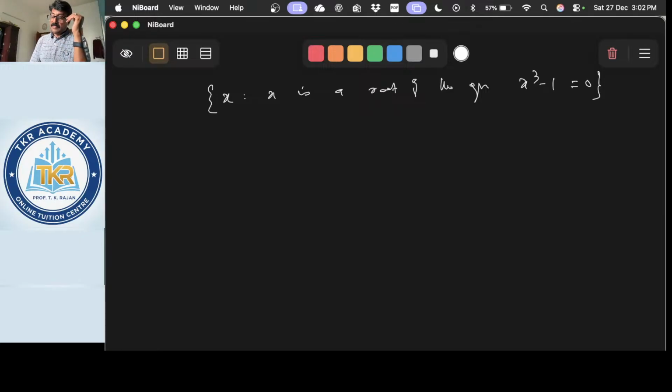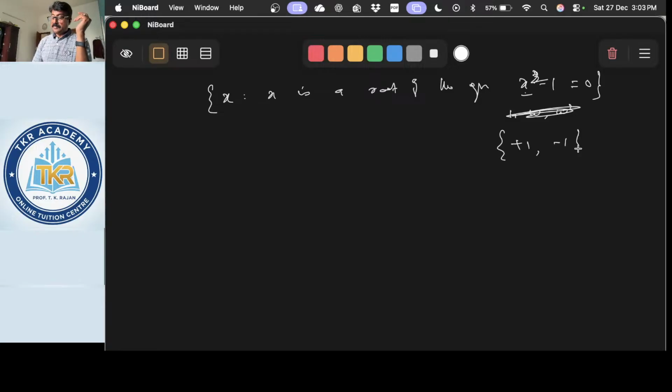Because x cube minus 1 is a third degree equation, solving may be difficult sometimes. We know these roots are actually 1, omega, omega square, but you are not familiar with complex numbers yet. While you learn complex numbers, you will come across all the roots. For the real roots, let us take an example, x square minus 1, that's better. So the roots are plus 1 and minus 1.